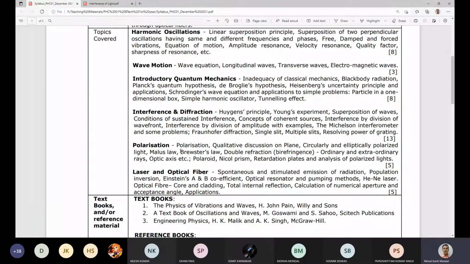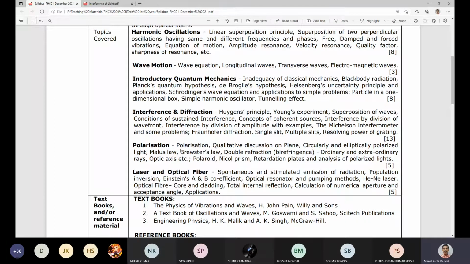Then in case of diffraction, according to your syllabus, only the Fraunhofer diffraction is there. But what is diffraction? Classification of diffraction, then Fraunhofer diffraction, single slit, multiple slit, resolving power of grating. Multiple slits can be considered as the grating. Next topic is polarization. So what is polarization?